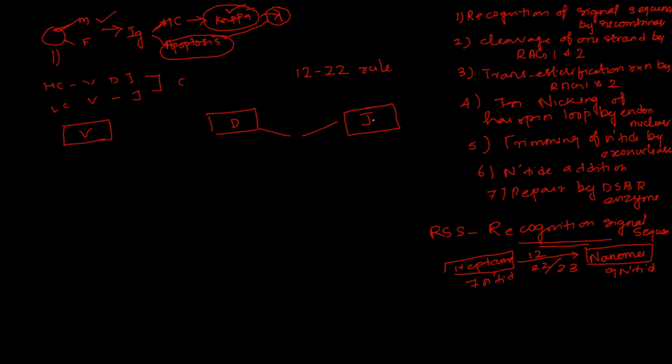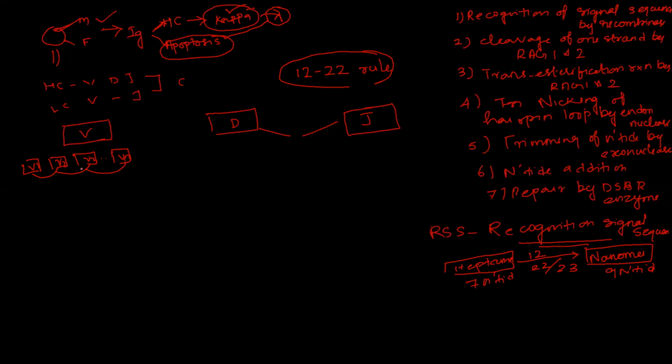So what actually happens when you take V1, V2, V3, and so on, Vn. You don't want these members of the same region to join with each other. So in order to avoid that, a rule called the 12-22 base pair rule is followed.